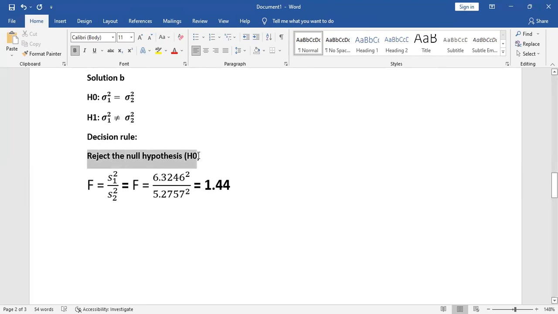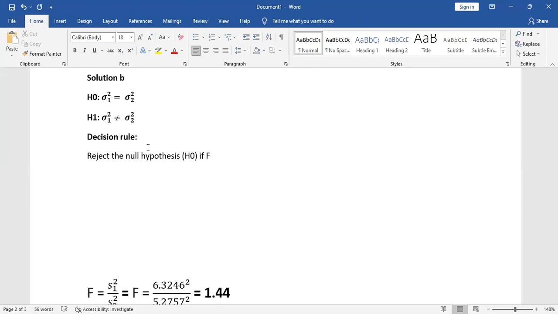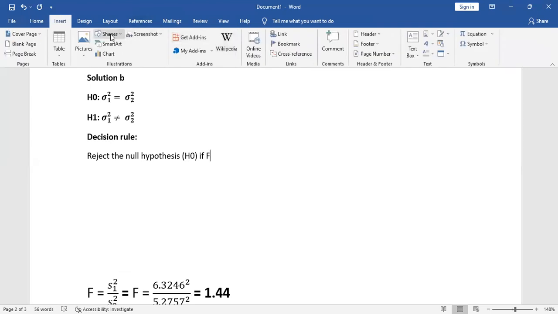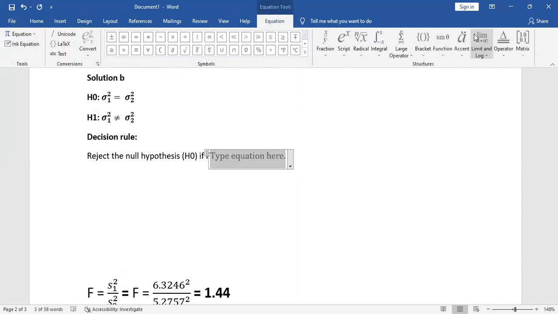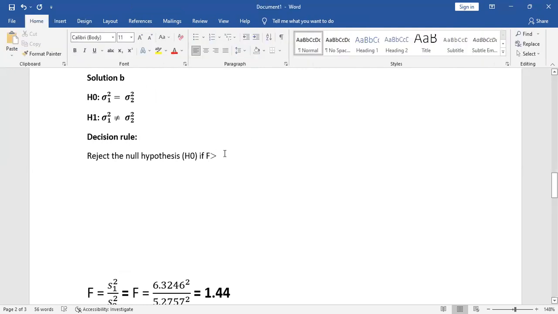Reject the null hypothesis if F, meaning the F that is going to be calculated, is greater than F at 9,9.